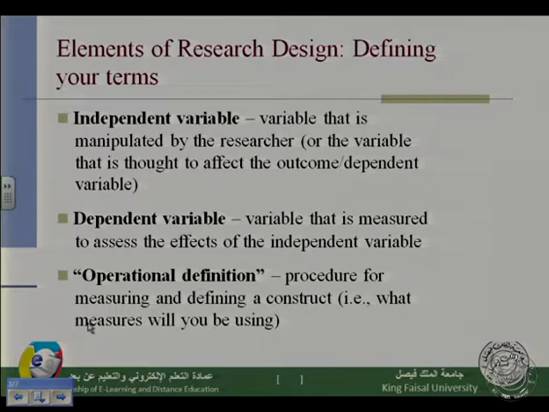Let's define independent variable: the variable that is manipulated by the researcher, or the variable that is thought to affect the outcome, or the dependent variable. So the variable that affects the other variable is called independent. And in our example, computers are going to affect learning. So computers are the independent variable.